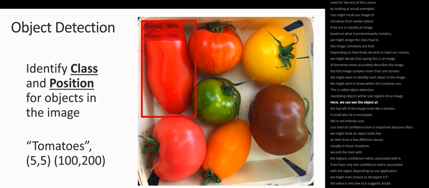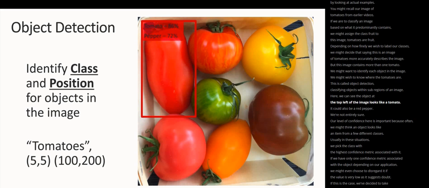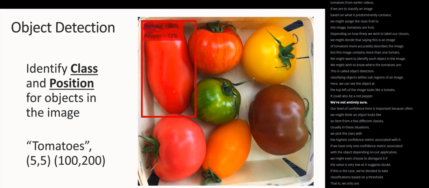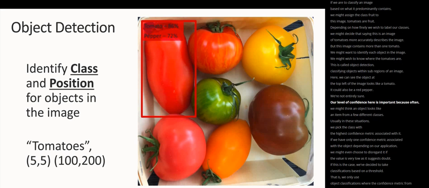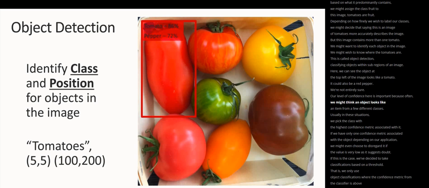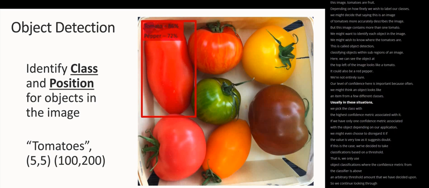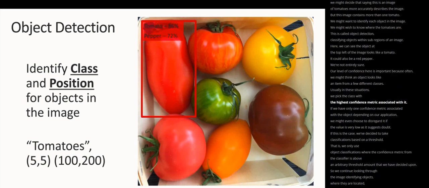Here, we can see the object at the top left of the image looks like a tomato. It could also be a red pepper. We're not entirely sure. Our level of confidence here is important, because often we might think an object looks like an item from a few different classes. Usually, in these situations, we pick the class with the highest confidence metric associated with it.